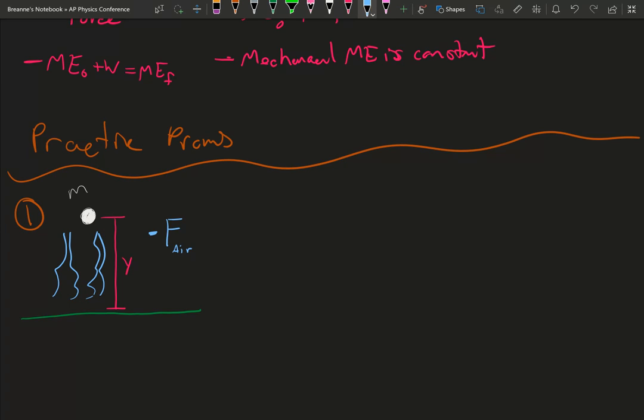So this is still our mechanical energy before. Down here is where the ball has fallen, and we're still looking for the velocity.